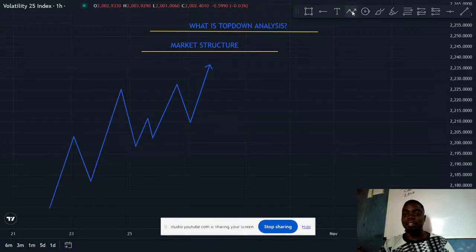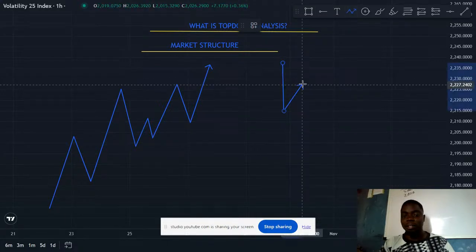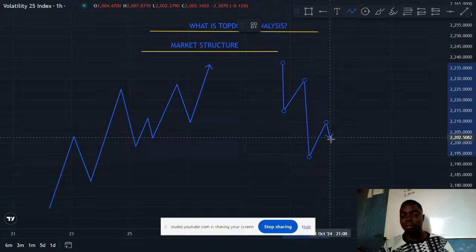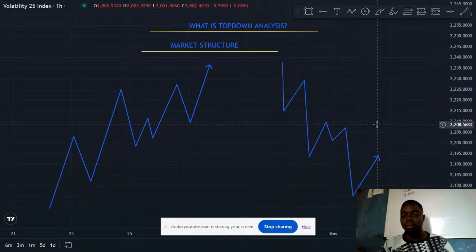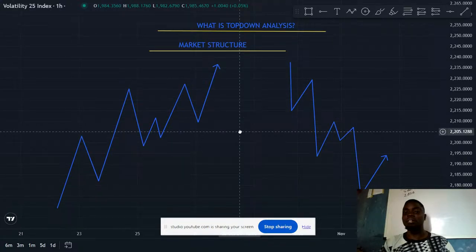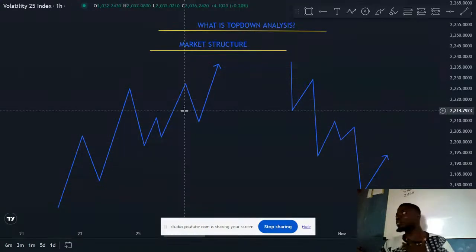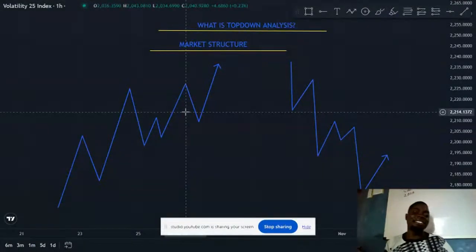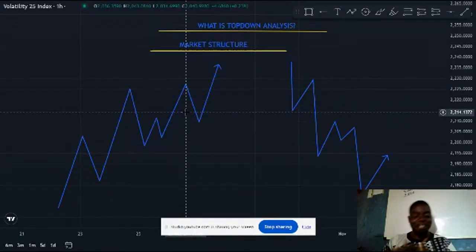Then if price keeps doing this, then we are bearish, right? But now the question is, looking at it from this perspective, it's not as easy as it is on the chart. It is complicated on the chart, but in a normal drawing, it is very easy.